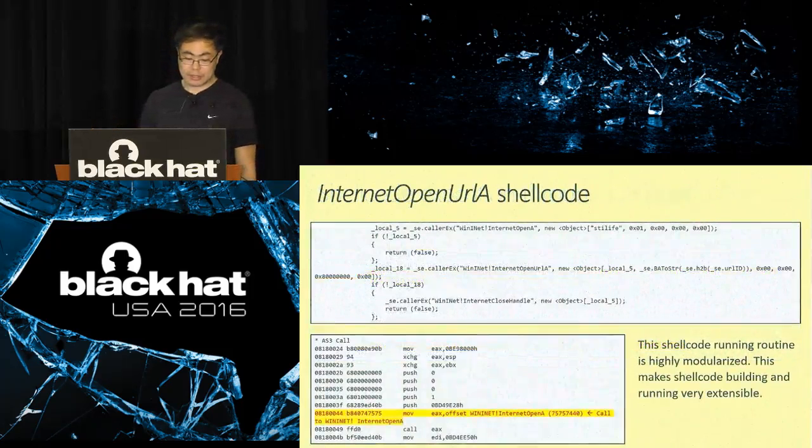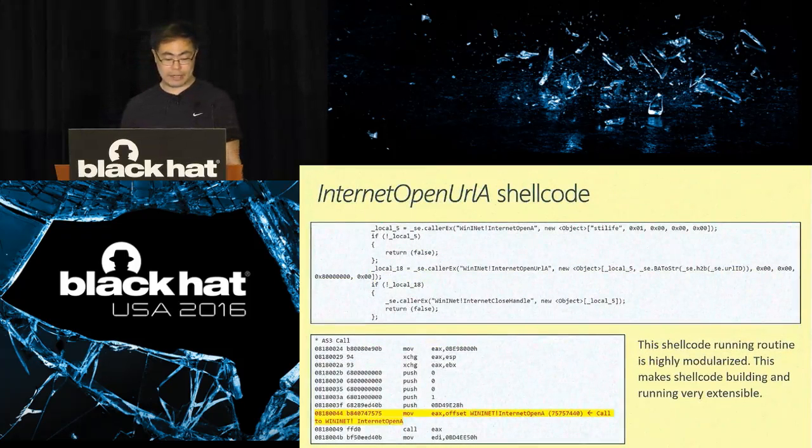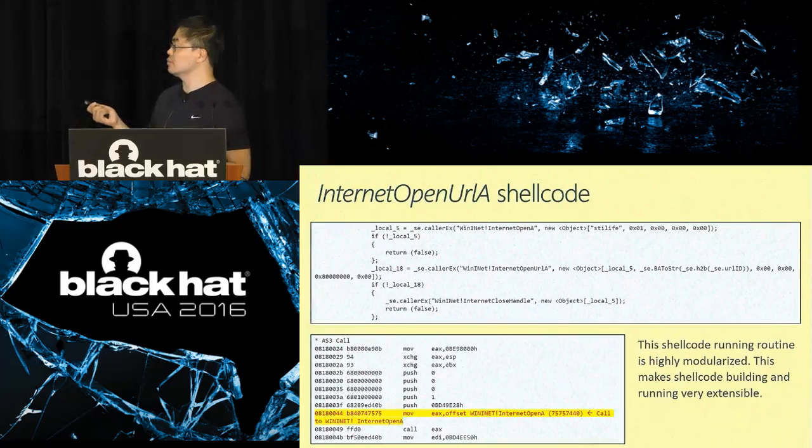These things are very interesting because this kind of modularized approach actually makes writing shellcode robust. There is no ROP or anything involved, but the shellcode writing becomes similar to scripting actually.